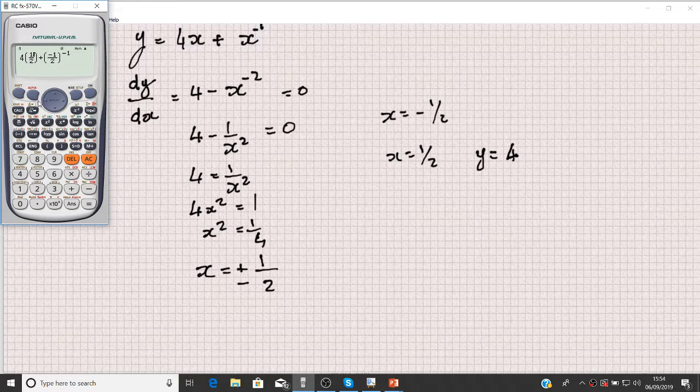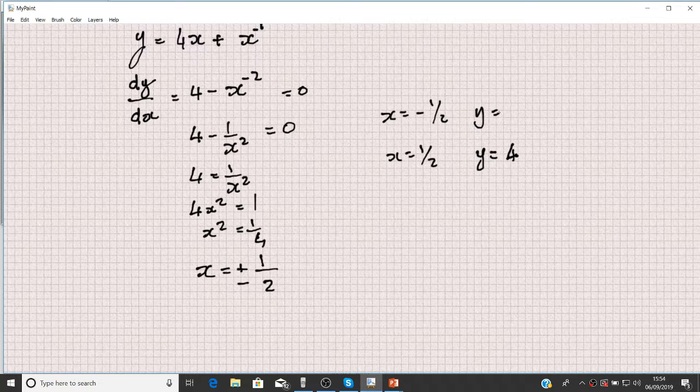We just put a minus in there. Okay, so we should get the value -4. That's what I was expecting. So y equals -4. So those are the coordinates of the turning point.